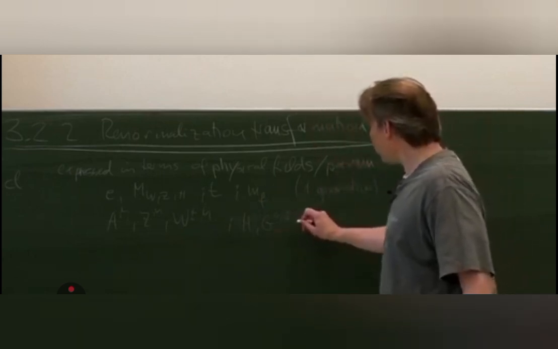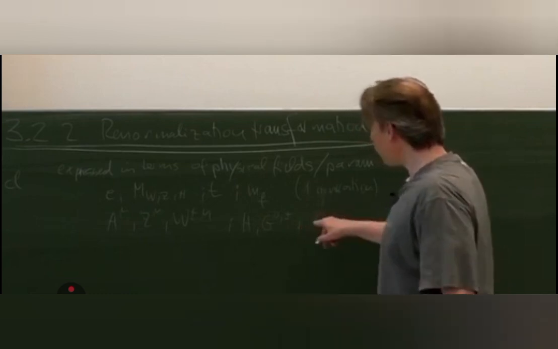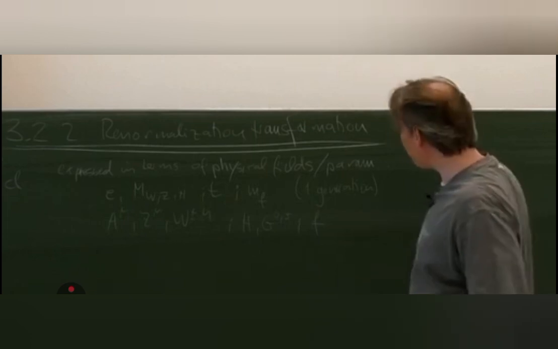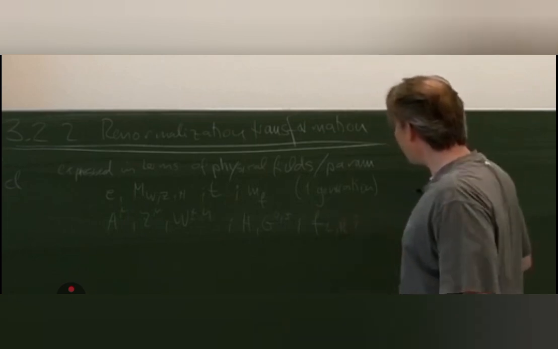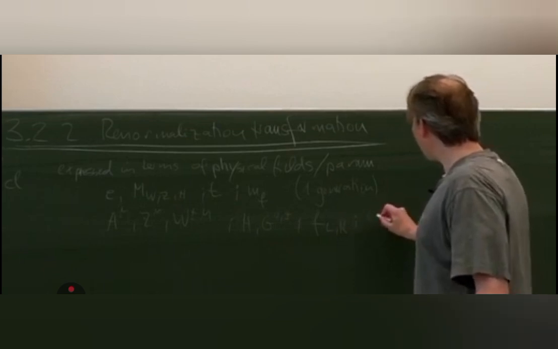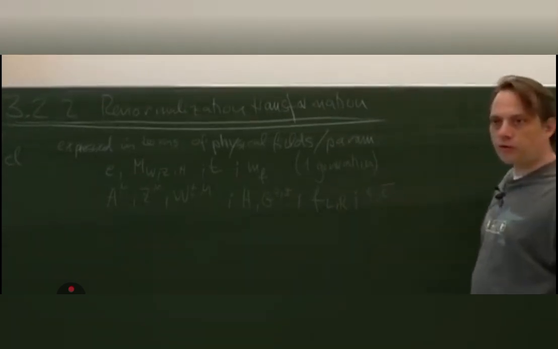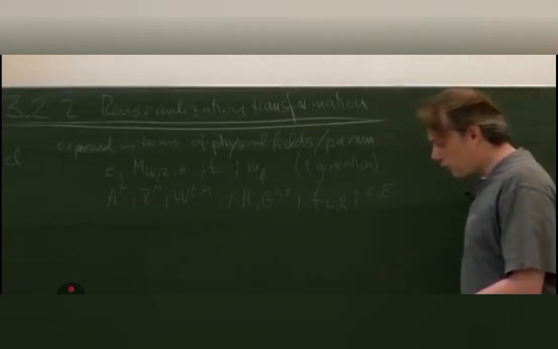And we have, of course, the fermion fields, F, as I will call them, for fermion, quarks and lepton fields, left and right-handed. And we have unphysical ghost fields. We will actually not really discuss the ghost fields in detail here, because we will mainly skip the unphysical sector.